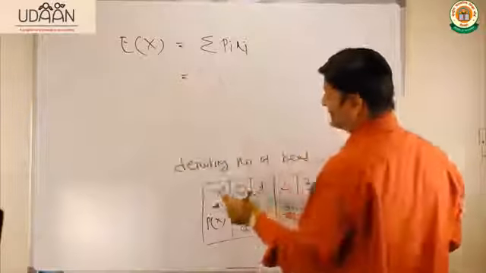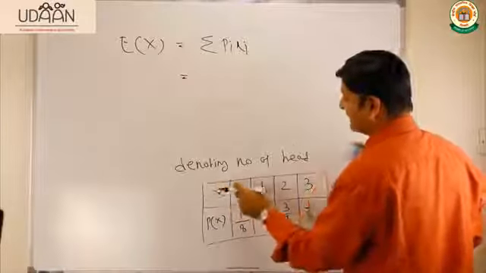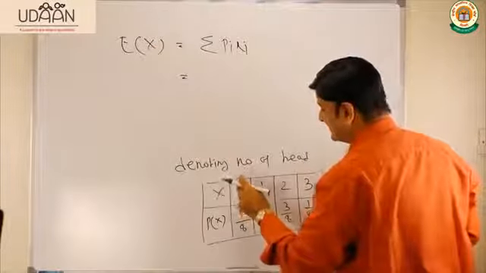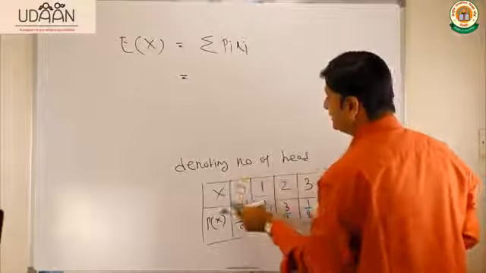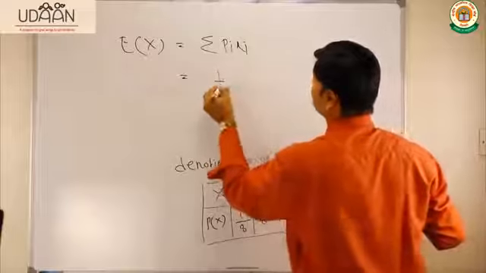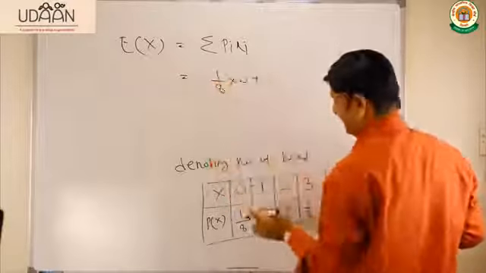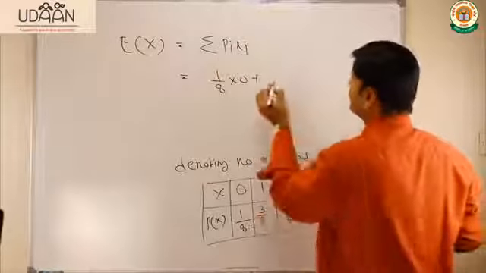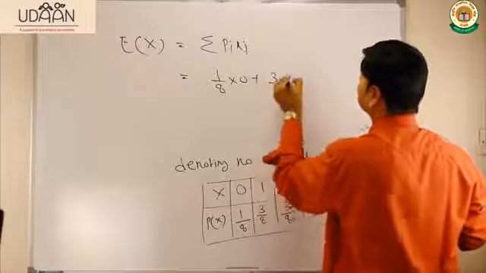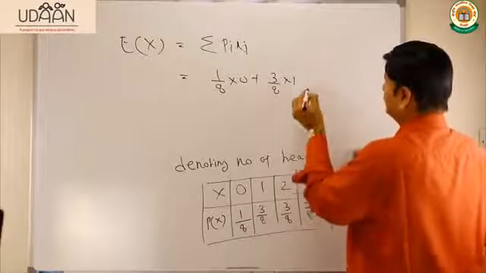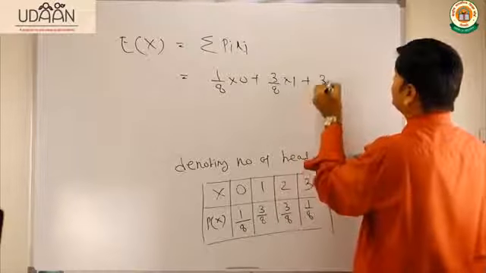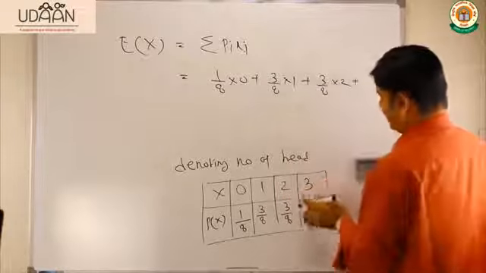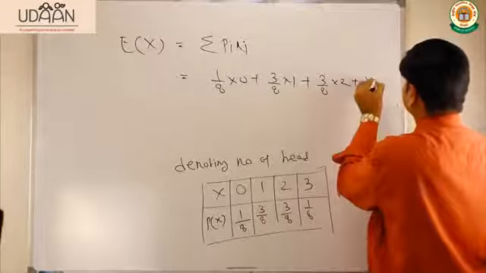So for better understanding, here I can say the mean of the random variable is P into X, meaning 1 by 8 into 0. Then next probability into corresponding X, so 3 by 8 into 1. Then 3 by 8 into 2. Then 1 by 8 into 3.